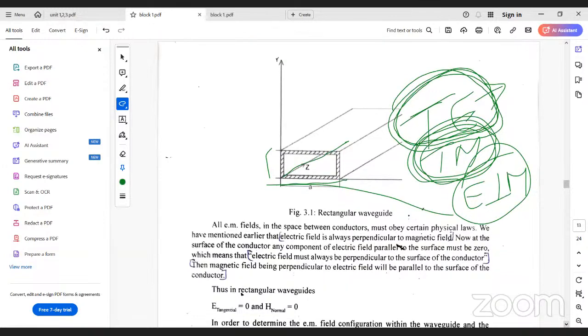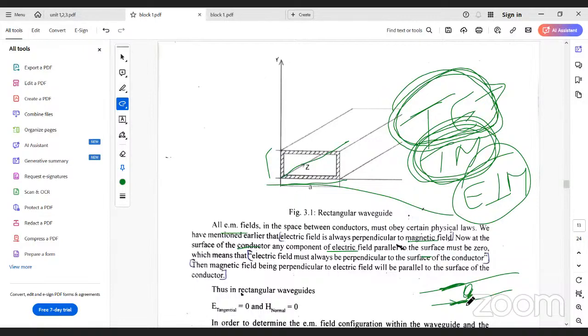Now we will see what this is. All electromagnetic fields in the space between the conductors obey some laws. Always, electric field is perpendicular to which field? Magnetic field. On the surface of the conductor, the tangential electric field must be 0. I said in the center, electric field is maximum. Across the conducting walls, electric field is minimum.